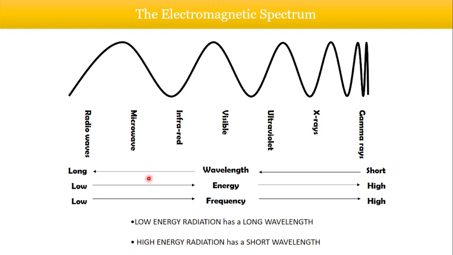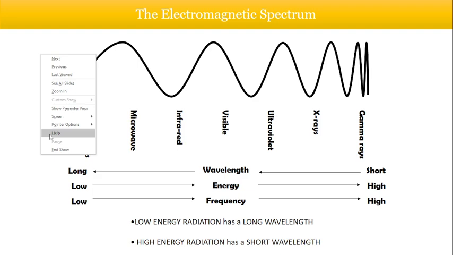From here we can tell that low energy radiations have longer wavelength and high energy radiations have shorter wavelength. Starting from the left hand side, we have the radio waves, which have the longer wavelength, less energy and less frequency. We relate this by the equation E equals hc by lambda, or E equals h nu.